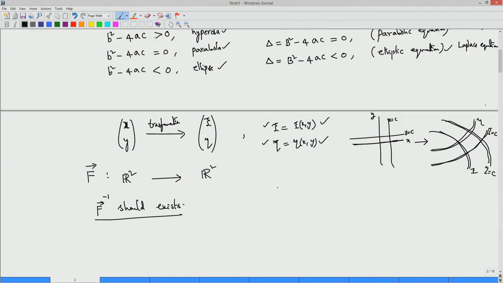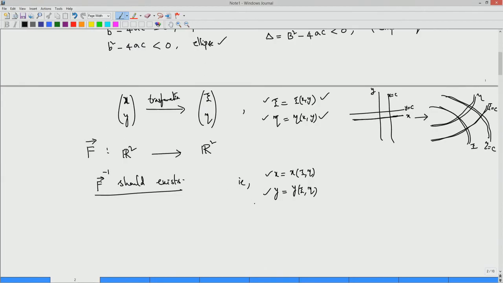When f inverse exists, I should be able to get x and y in terms of xi and eta. That is the meaning.